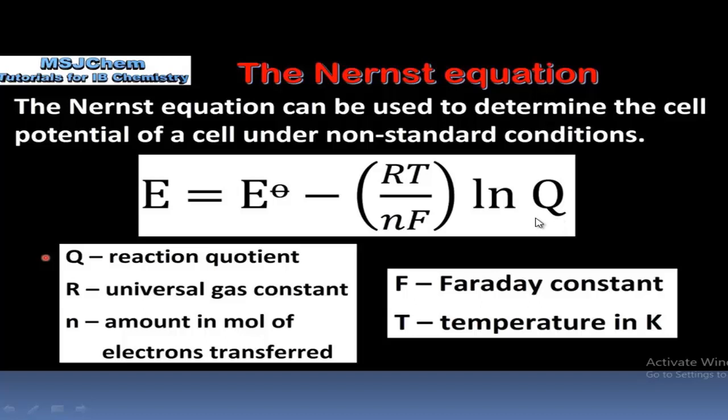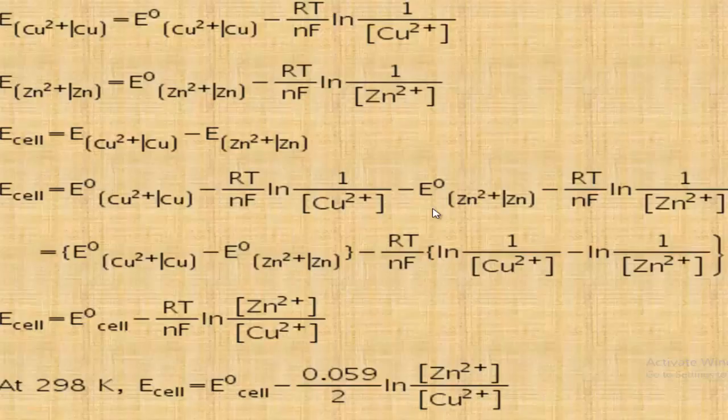Now we will derive the Nernst equation in case of a galvanic cell. In a galvanic cell, we know that the cell reaction is zinc reacts with copper ion and produces copper plus zinc ion.